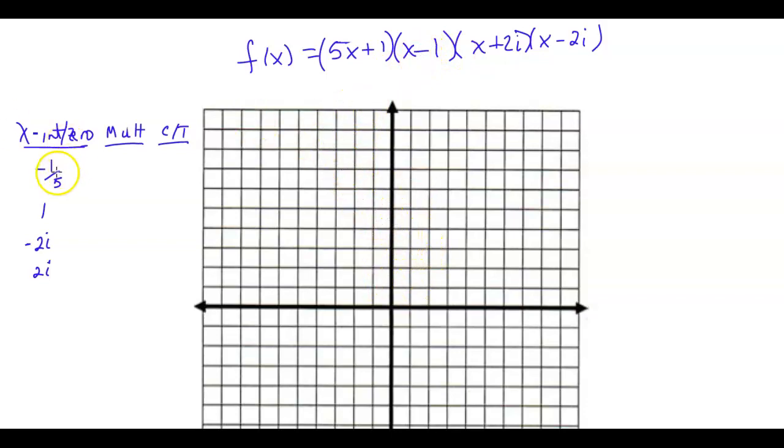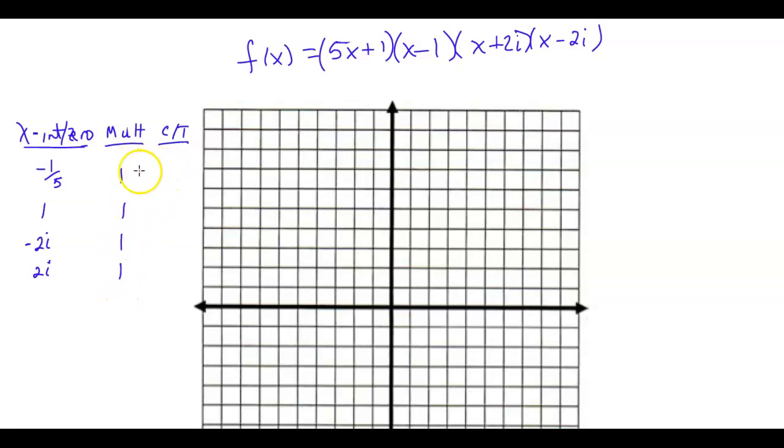Okay, so when we look here, we see that we have a 0 at x equals negative 1/5. Of course, since all these factors only show up once, the multiplicity of all of these ends up being 1.